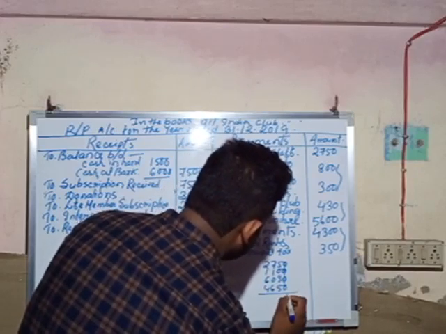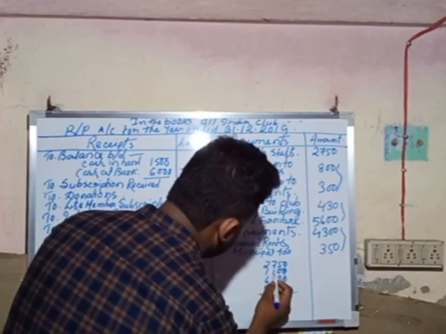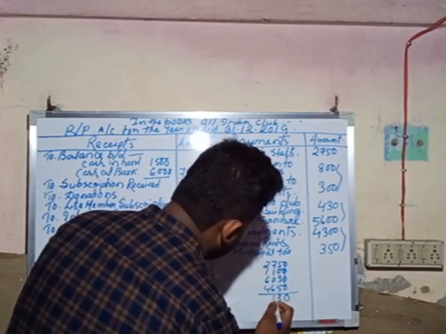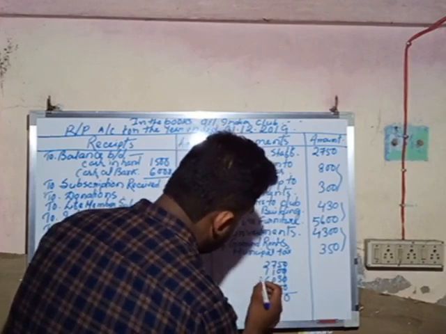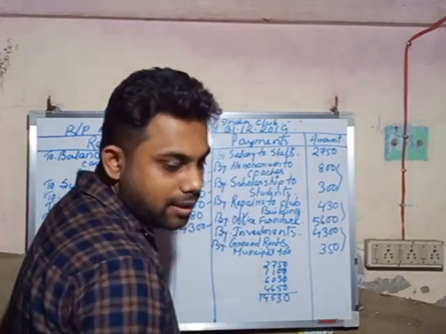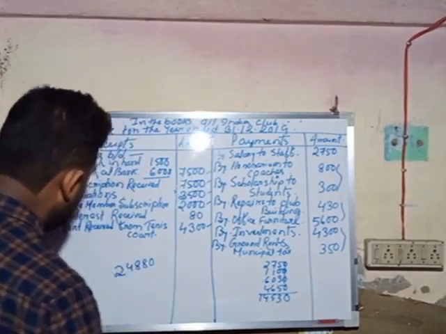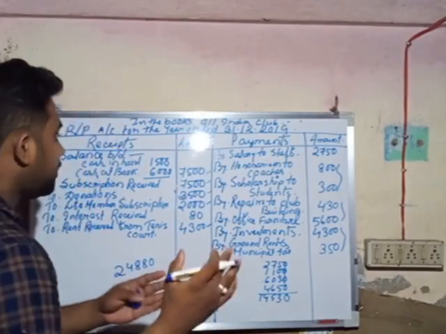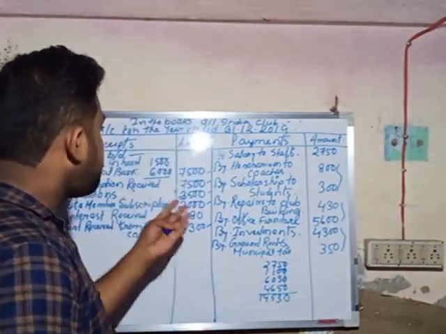Adding these up, we get 14,530. And the difference is, the receipt side is more than the payment side.